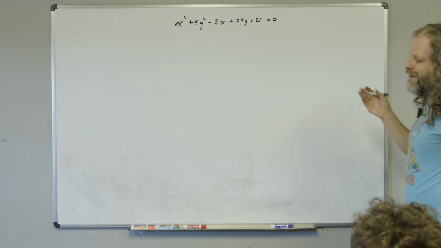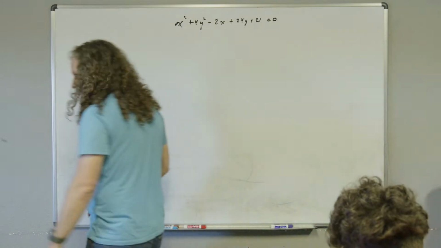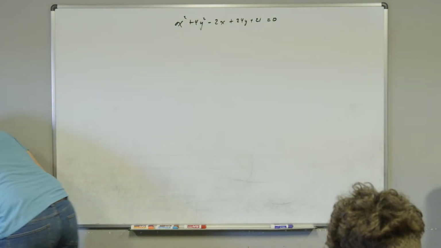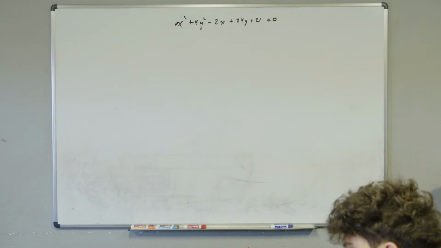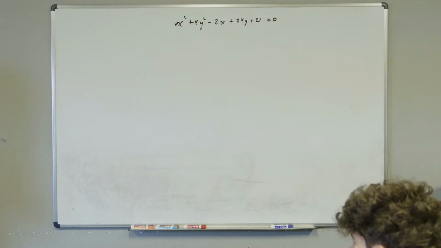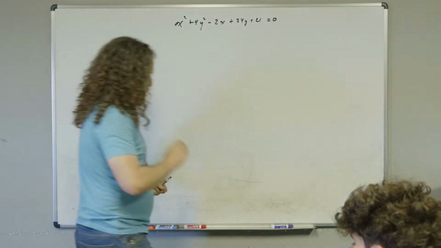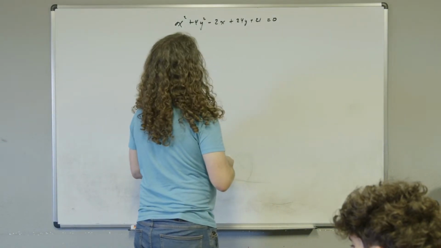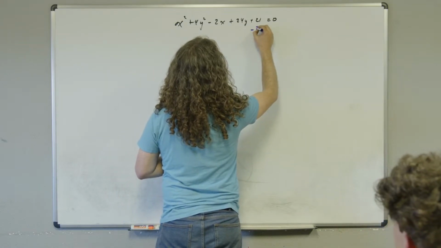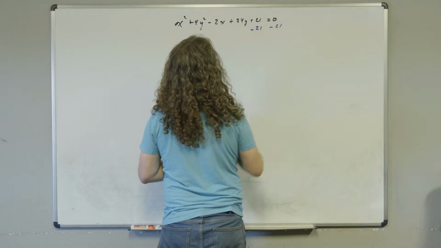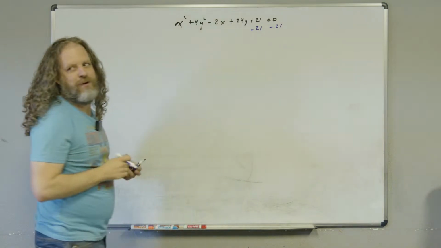So, we need to get this in standard form, so what should we do? Move the 21. We do need to move the 21, unfortunately. We want it to be a 1 later, but it's going to have to be a 21 for now.